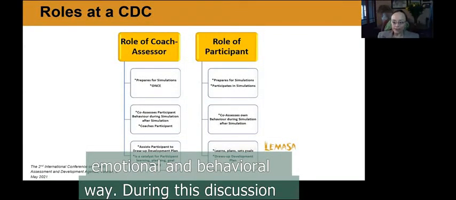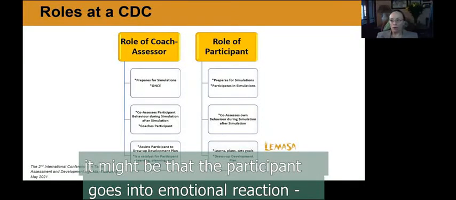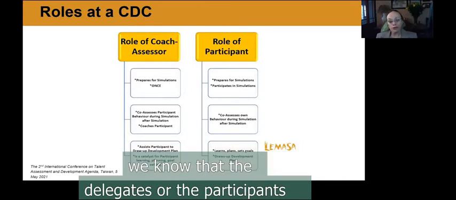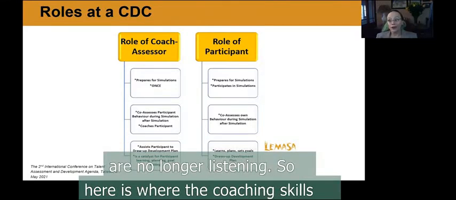So during this discussion, it might be that the participant goes into emotional reaction. They go into defense mechanisms, and the moment that happens, we know that the delegate or the participant is no longer listening.